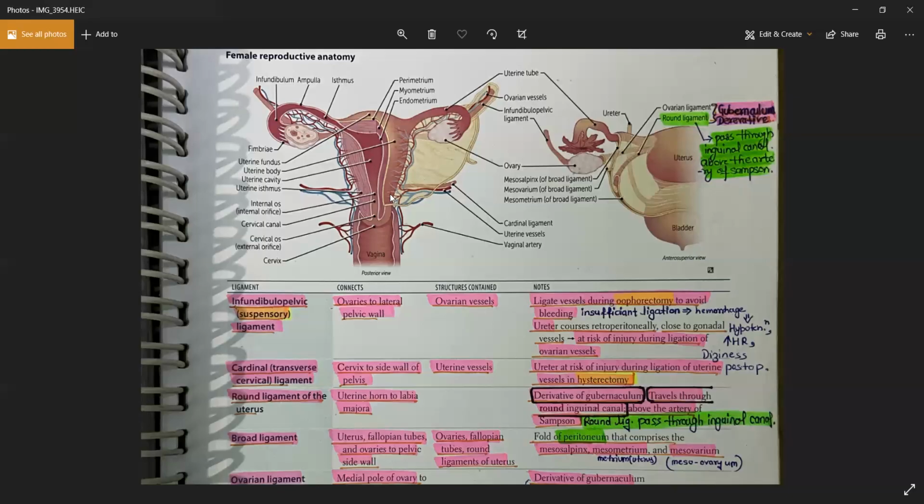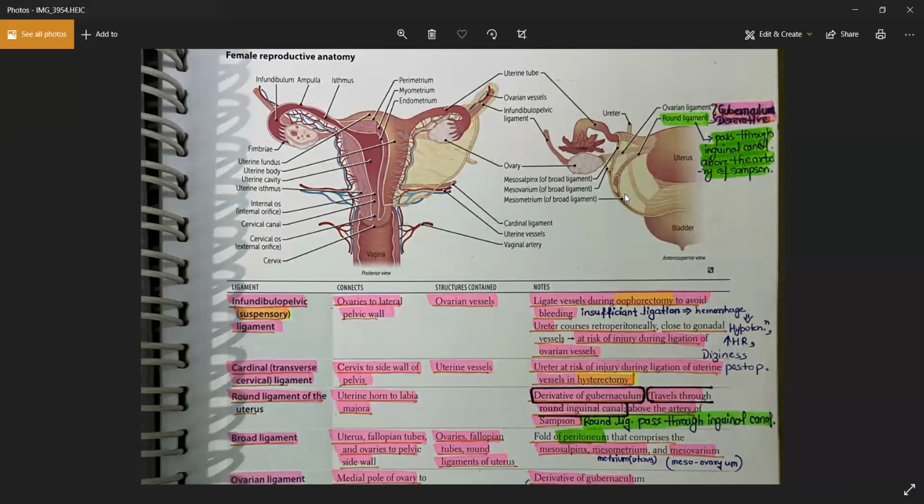Third one is the round ligament of the uterus. As you can see on this structure, this is the round ligament of the uterus connecting the uterus with the anterior wall, or you can say the labia majora. Because this is connecting the uterus with the labia majora, this is the only structure that passes through the inguinal canal, and that is a very high yield point.